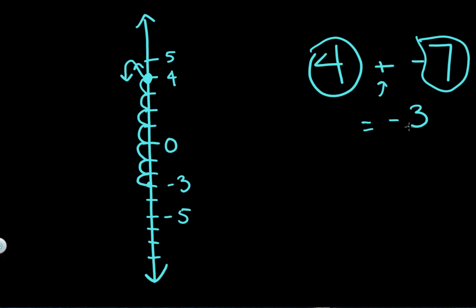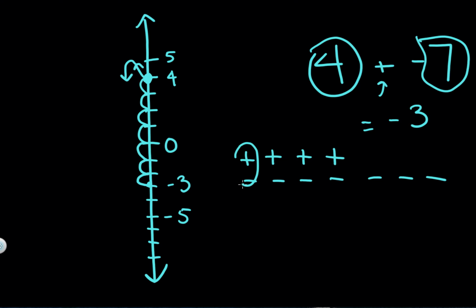Quick little reminder of what we're doing. We can see we've got 4, that's positive. So we have 4 positives and 7 negatives. 1, 2, 3, 4, 5, 6, and 7.